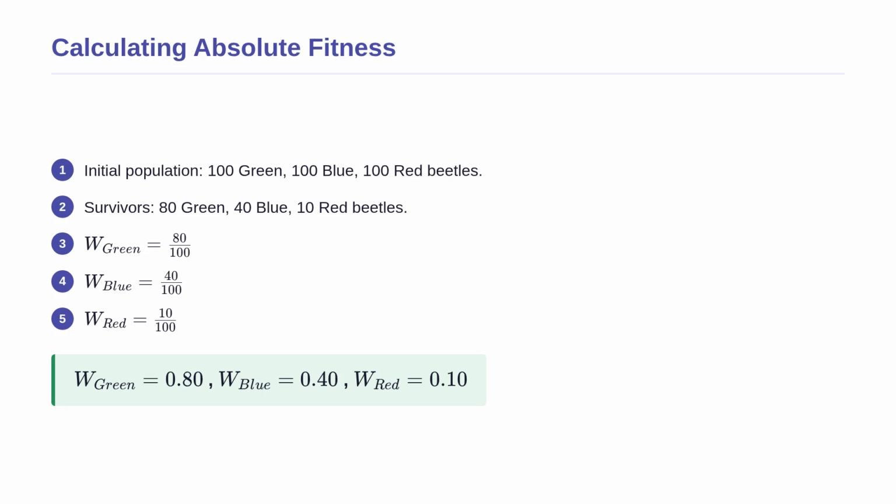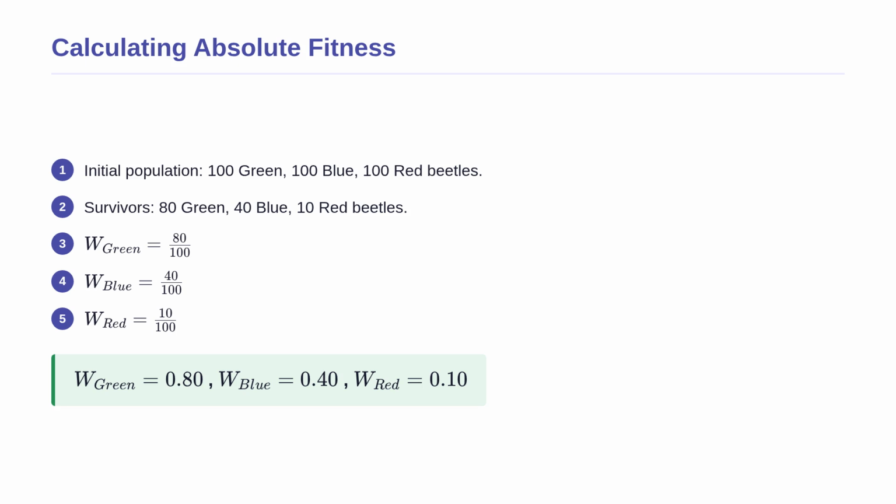Before we move on, let us see this with a concrete example. Imagine a population of beetles with 3 shell colors: green, blue, and red. Initially, we have 100 of each. After a flock of hungry birds feeds on them, we count the survivors: 80 green, 40 blue, and 10 red.